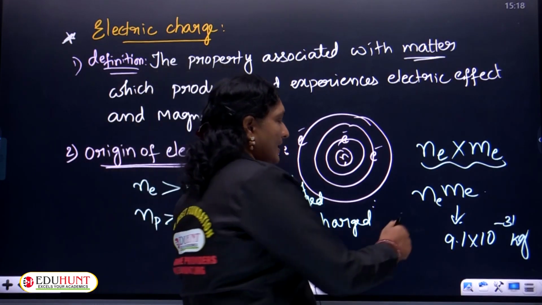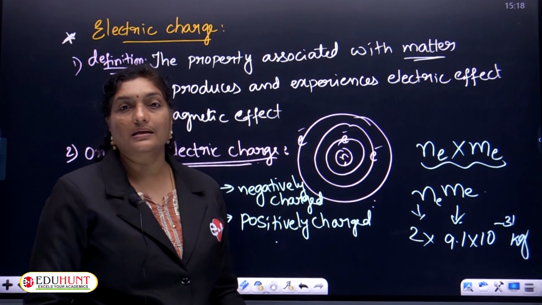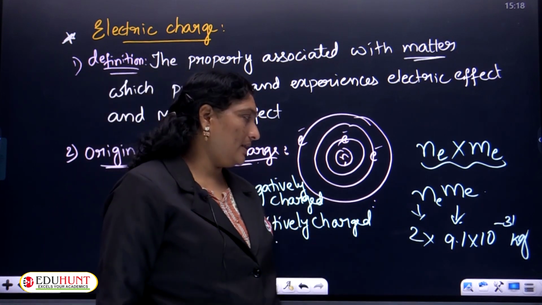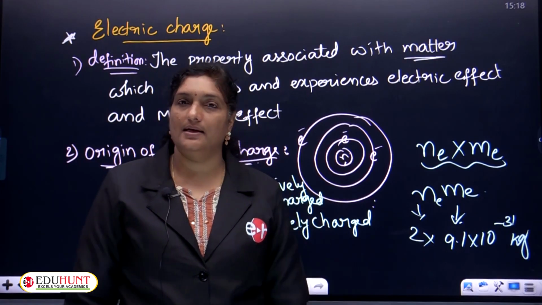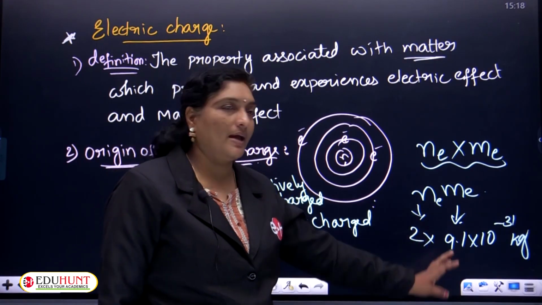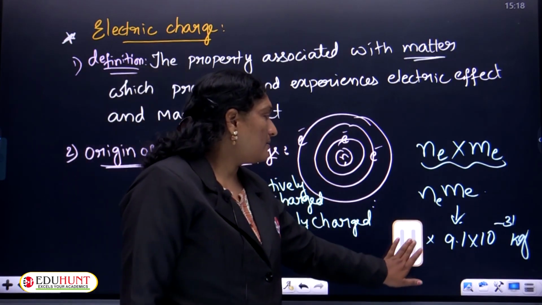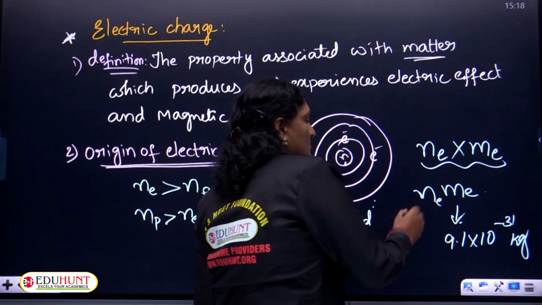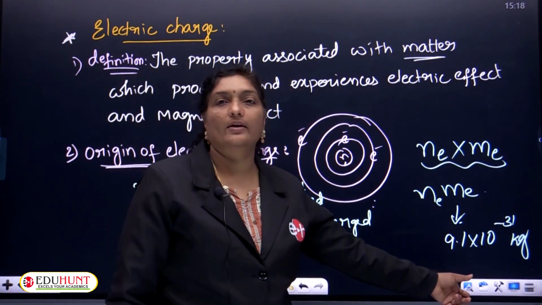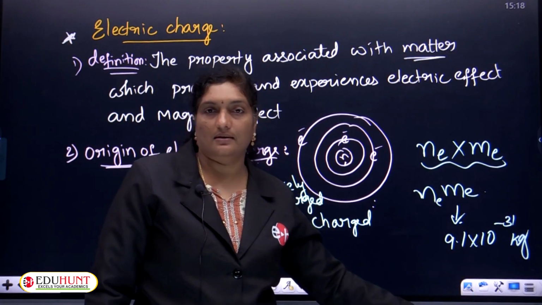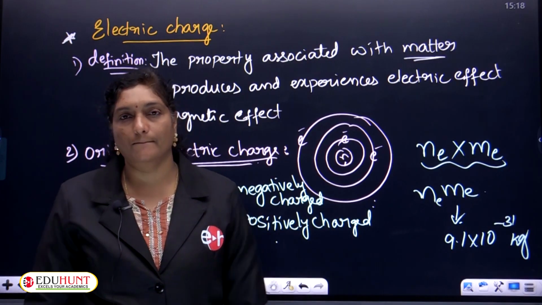Suppose a body loses 2 electrons, then the mass reduced by the body will be equal to 18.2 into 10 power minus 31 kg. Similarly for 5 electrons it is 5 into 9.1, for 10 it is 10 into 9.1, and so on. So if an atom loses some n number of electrons, then n into 9.1 into 10 power minus 31 kg of mass is decreased by the body.